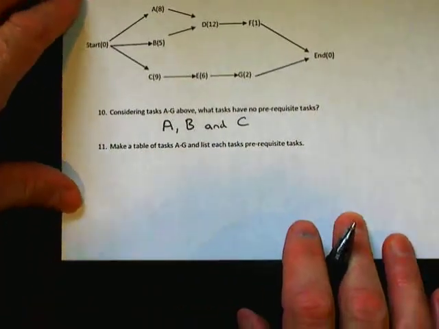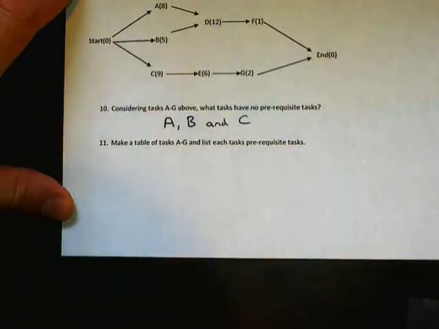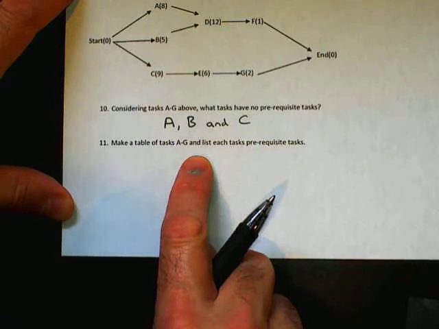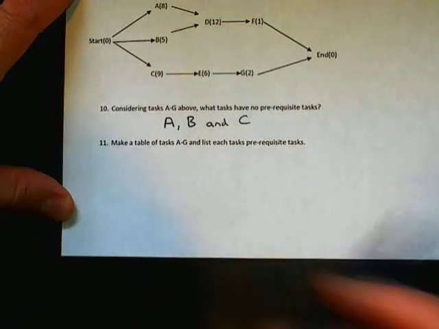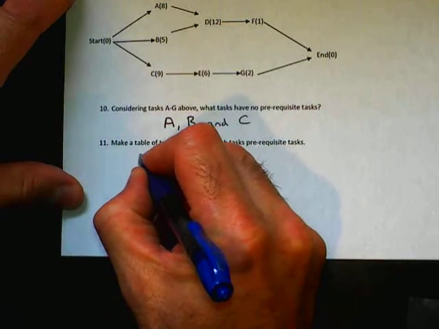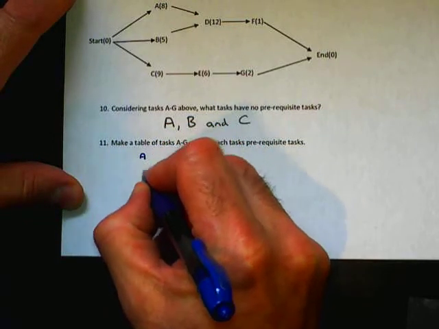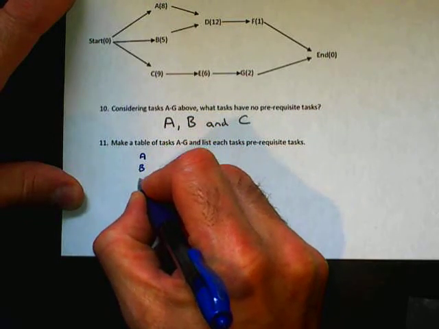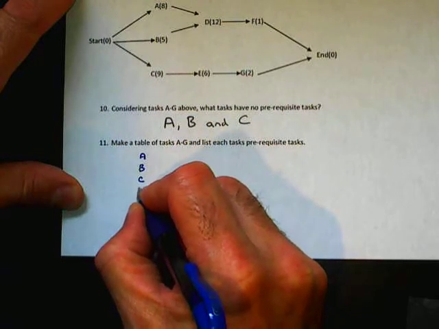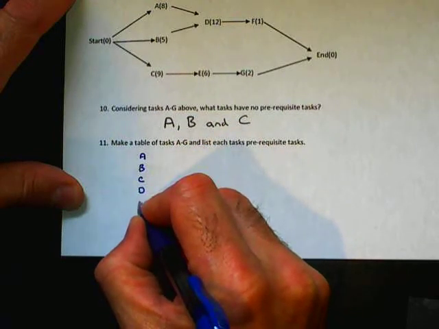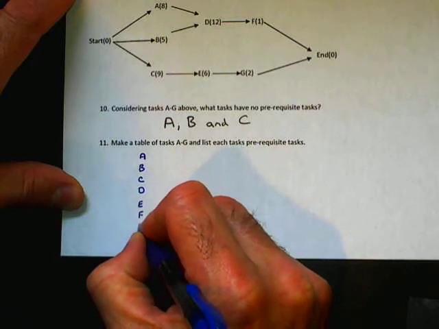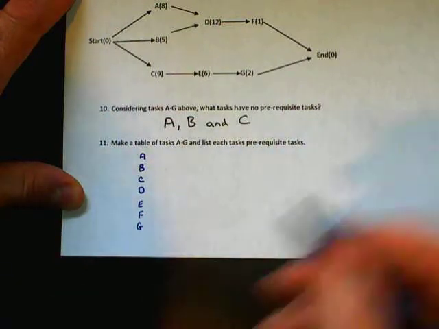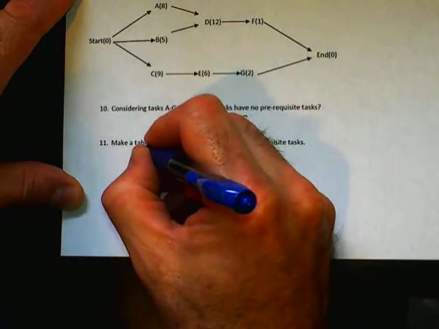Looking further at this graph, make a table A through G, list each task prerequisite. So I have A, B, C, D, E, F, G. That's the task.